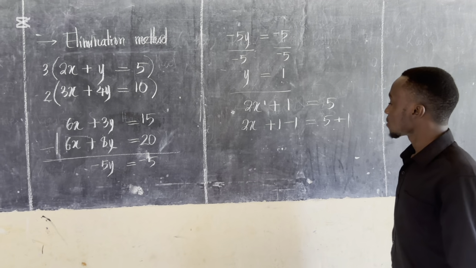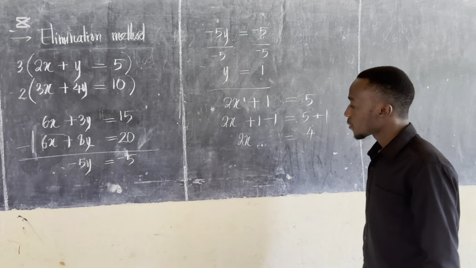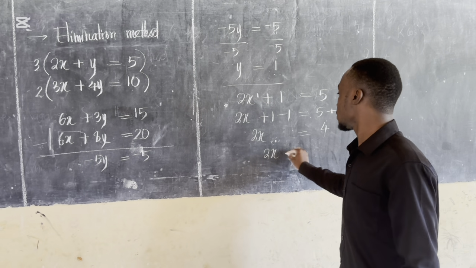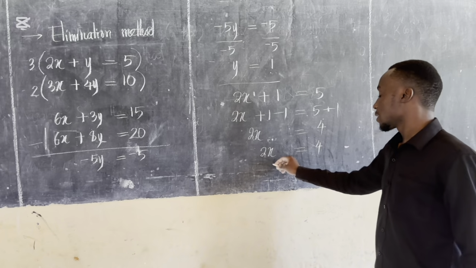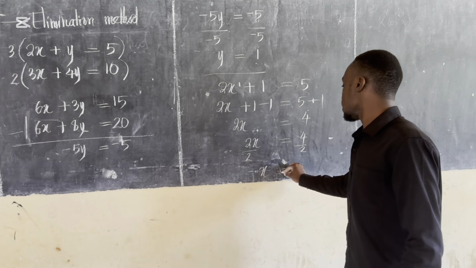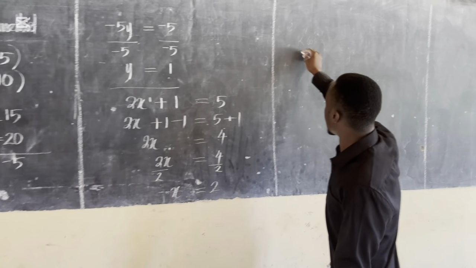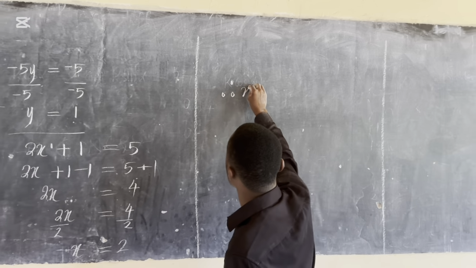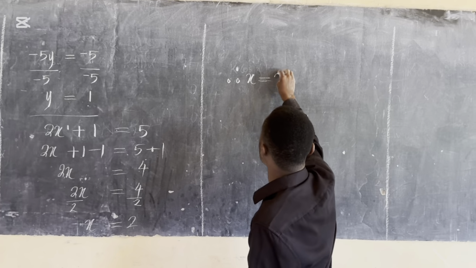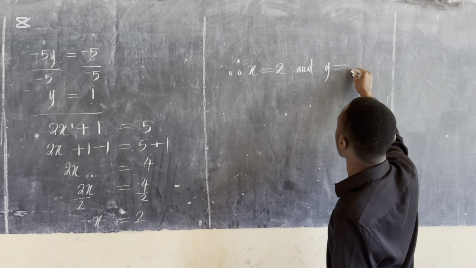I also do the same on this side. So 2x is equal to 4. I will write this step. Then I divide both sides by 2 to get my x as a 2. And therefore I conclude that x is equal to 2 and y is equal to 1.